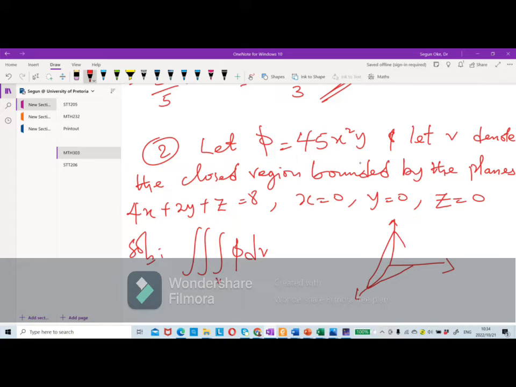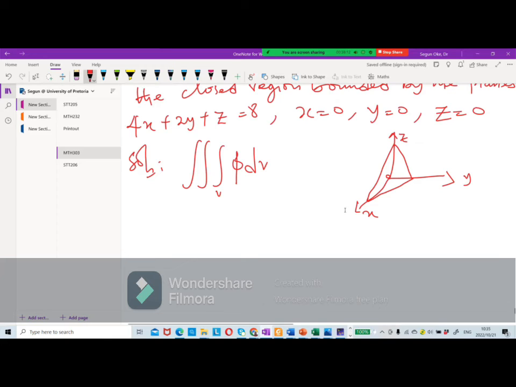Let's say we have this. We have z, y, and our x is here. The origin is from 0. Then don't forget your z.